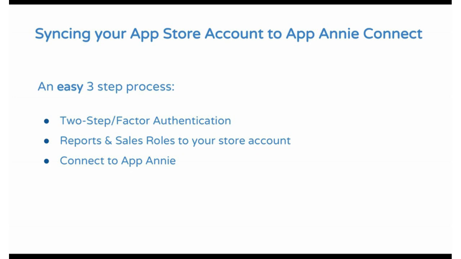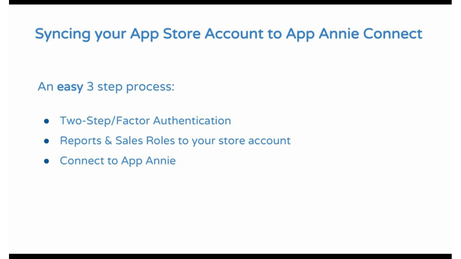Firstly, we'll have to make sure that you have your 2-step or 2-factor authentication set up. This helps with the security part of things and allows your connection to App Annie to be smooth.